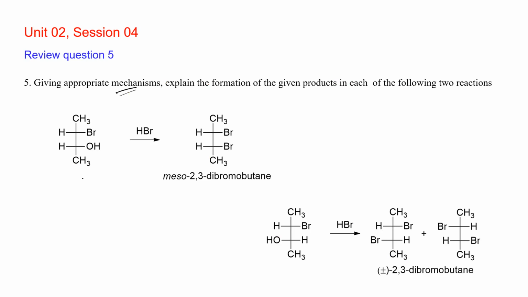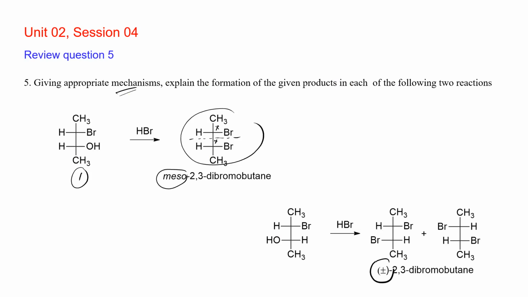This is a reactant, and if you add HBr, you get this, and it's a meso compound, because you have two chiral centers but also a plane of symmetry. Here you react a similar molecule with HBr, and you get plus or minus 2,3-dibromobutane, because it's a mixture.